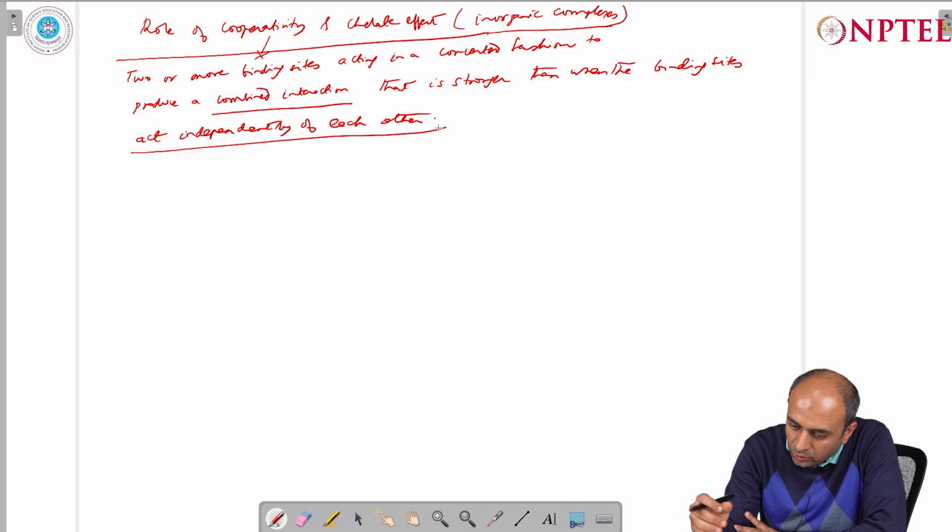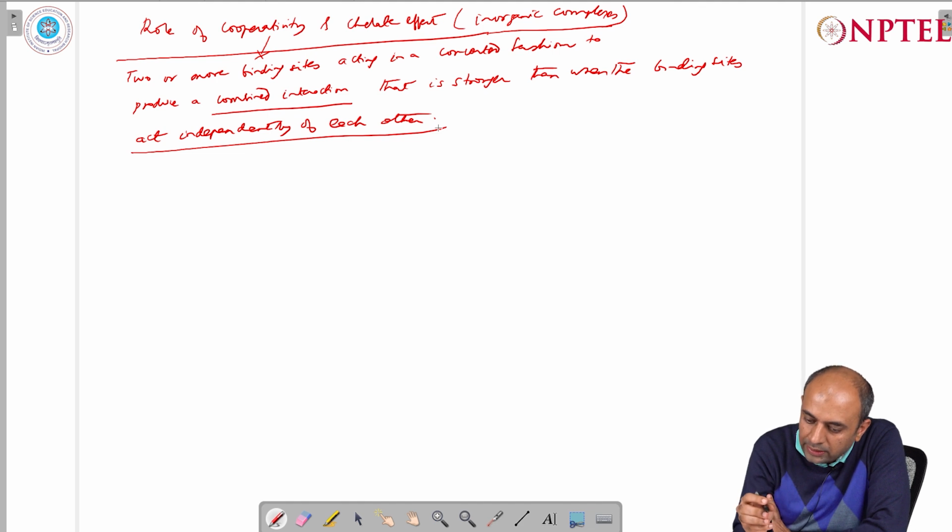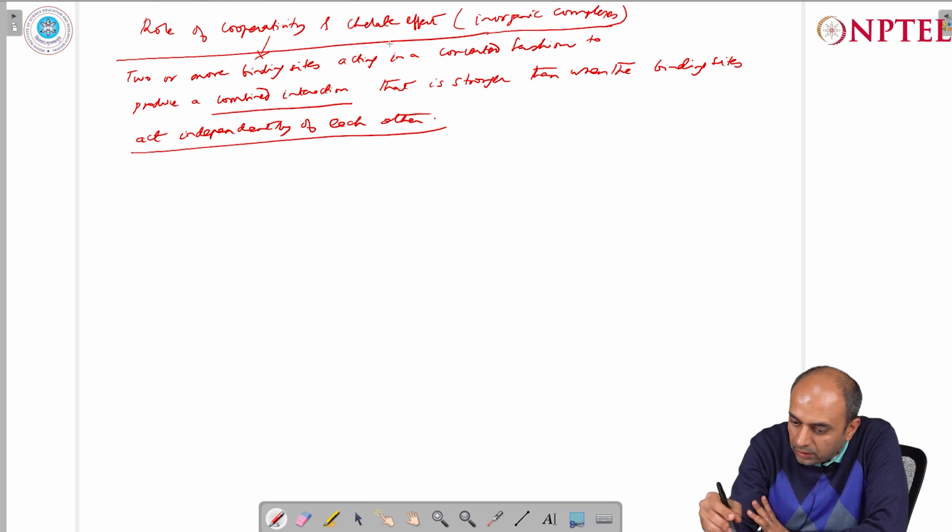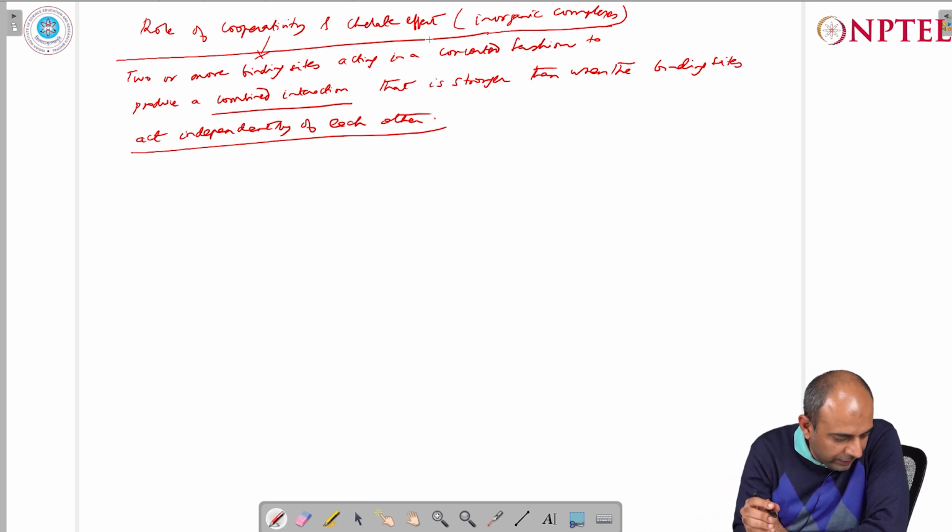And in order to demonstrate the phenomenon of cooperativity, we use an example of an inorganic complex, whereby we shall realize the importance of Chelate effect.